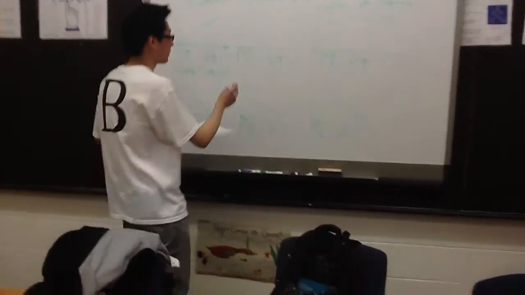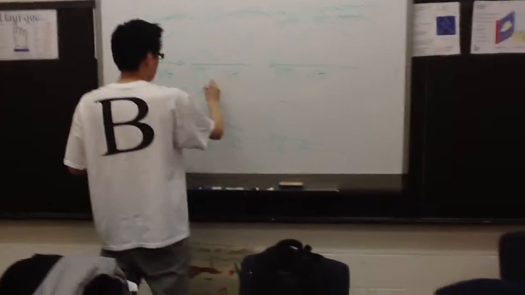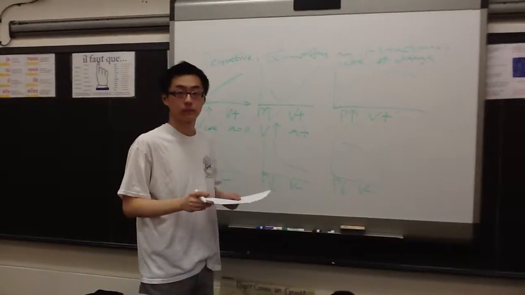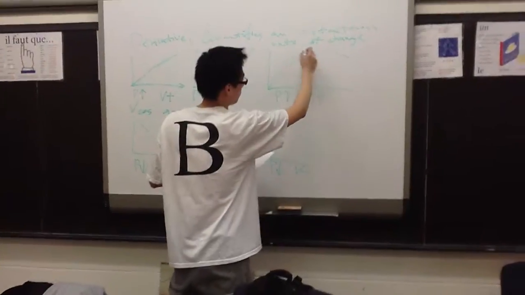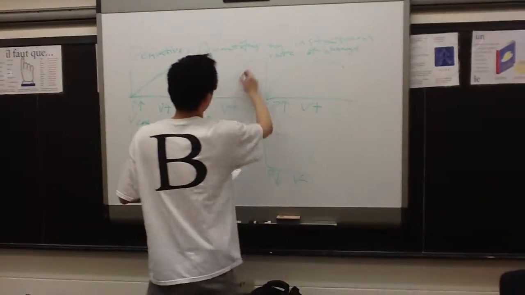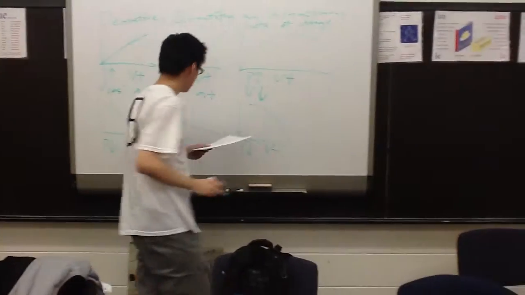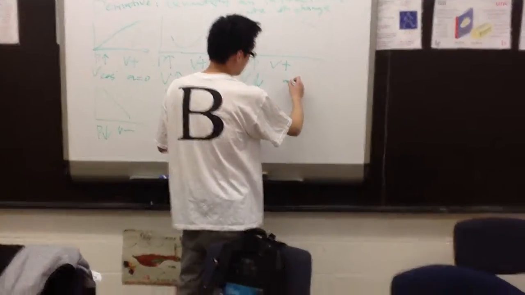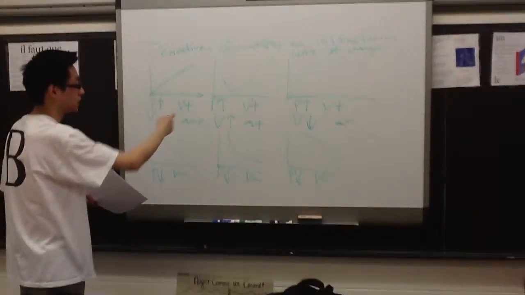Because this velocity is increasing, the acceleration should be positive. Then the velocity is slowing down. This is speeding up, and this one is slowing down. So the velocity is decreasing, so the acceleration is negative. Right?